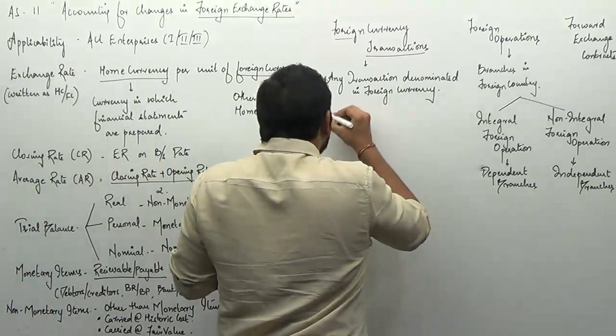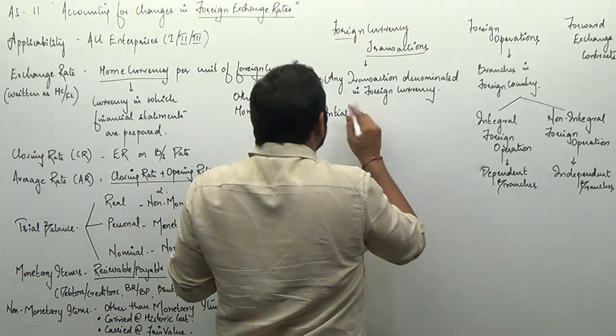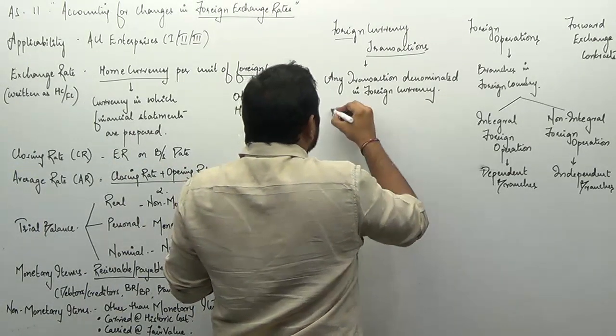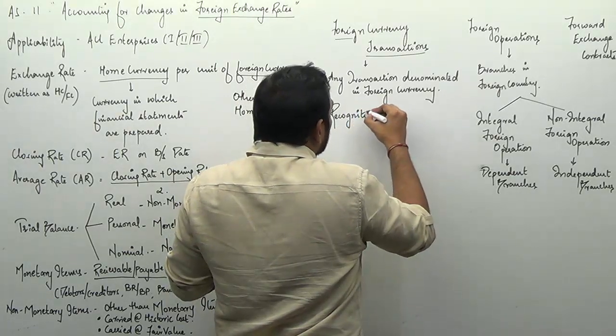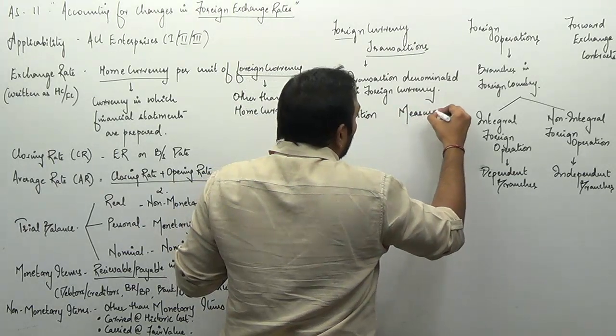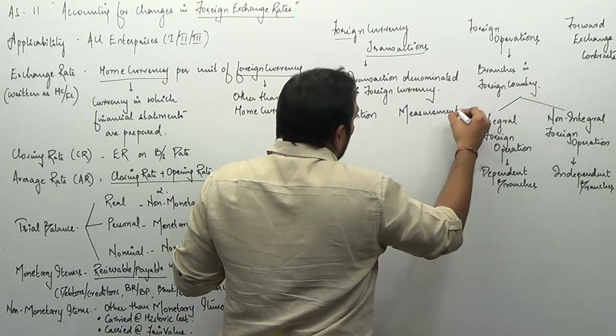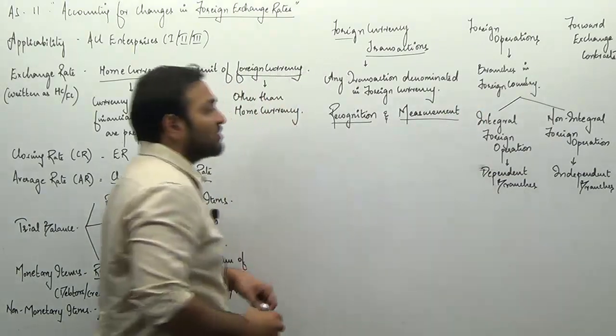Whenever we are talking about recording, we talk about initial recognition. So let's split between recognition and measurement first. Maintain two columns, recognition and measurement. This is the crux of accounting.